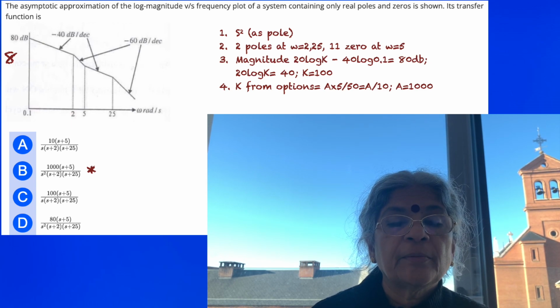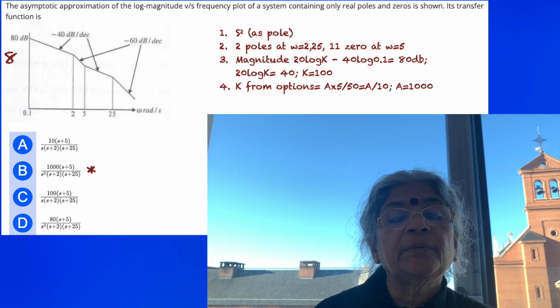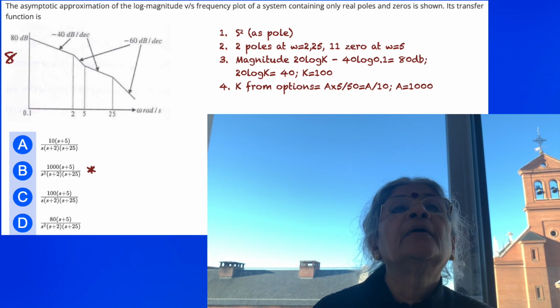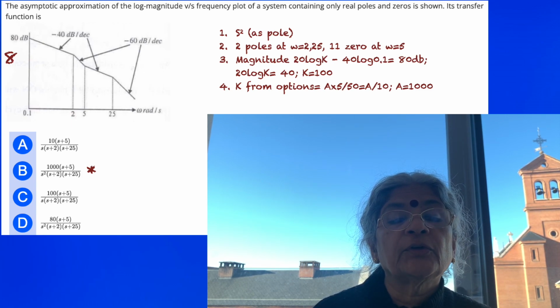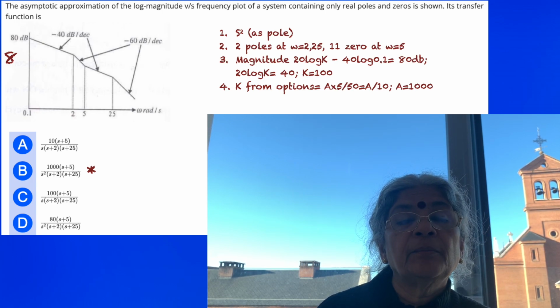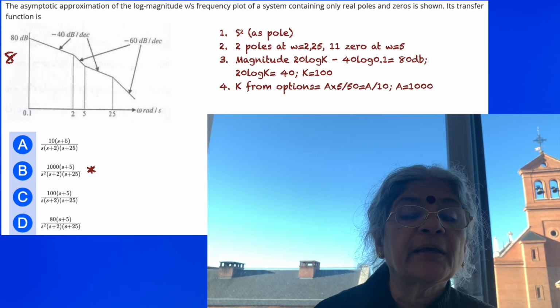Step by step we are proceeding, and then we are going to have minus 60 dB per decade starting at omega equal to 2, so we are going to have another pole there, going from minus 40 to minus 60. But at omega equal to 5, the slope is again moving on to minus 40 dB per decade, so a zero is emerging at omega equal to 5.